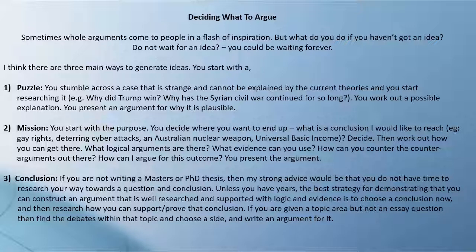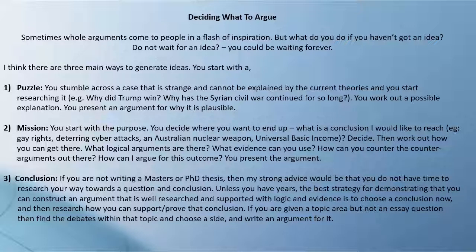The third one is really the same as the first two. They're all the same, really, I suppose, but you start with a conclusion, especially so if you're writing your honours or your master's thesis, even your PhD.